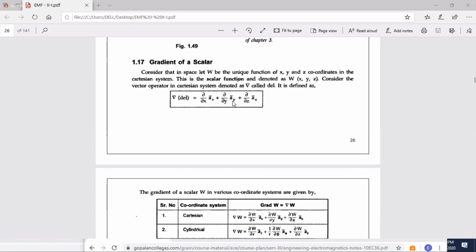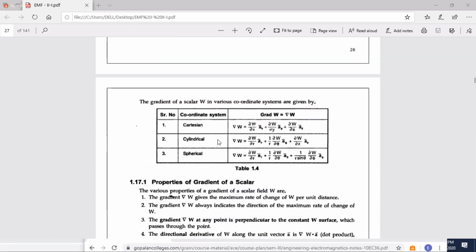So, in other words, if you have a vector, okay, here it is down here. So vector W, gradient of W is partial of W with respect to x, ax, partial of W with respect to y, ay, partial of W with respect to z, az.